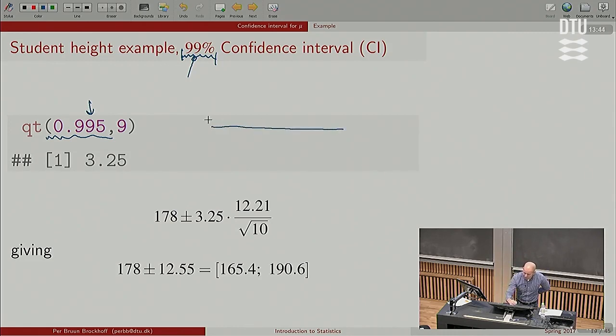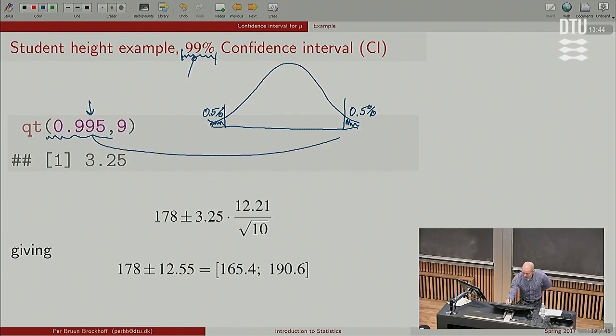Because if I should have 1%, I should have only 0.5% out here, and only 0.5% here. So the percentage is split between the two tails, right? Which means that this is the 99.5 percentile, because it has 0.5% to the right of it. I look that up in my t-distribution.